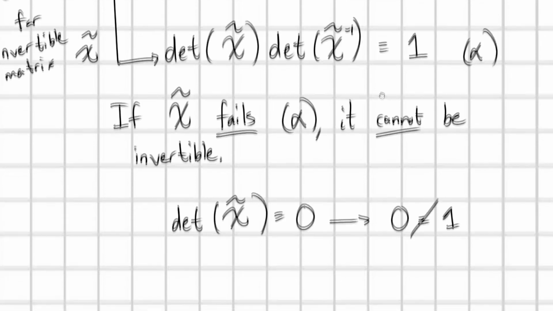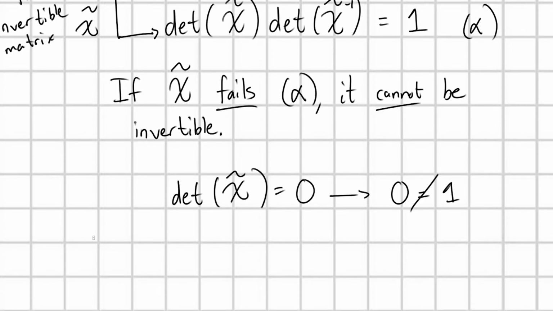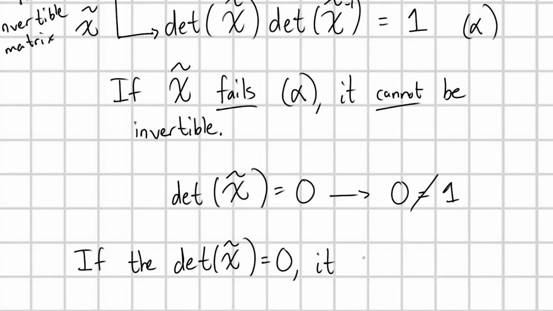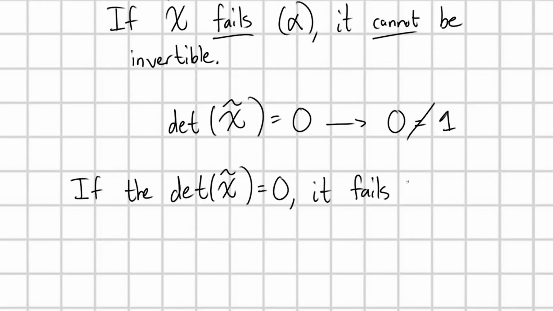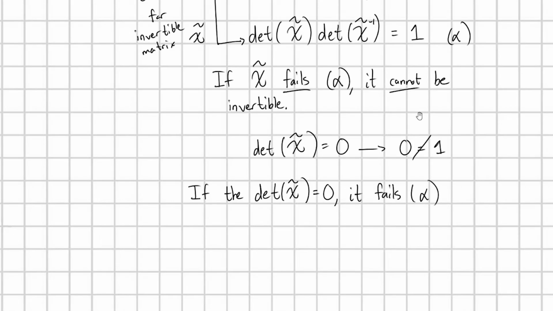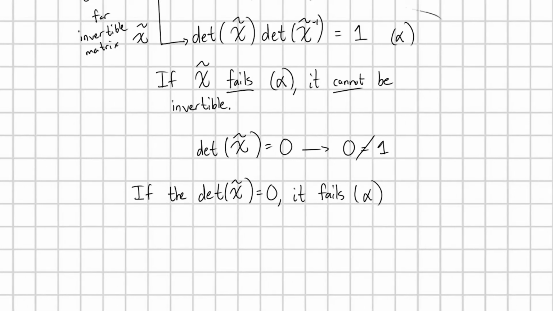So from this, we can immediately conclude that if the determinant of chi is equal to 0, it fails condition alpha, right? Again, condition alpha. I'll zoom out so we can make sure that we can see our condition alpha.